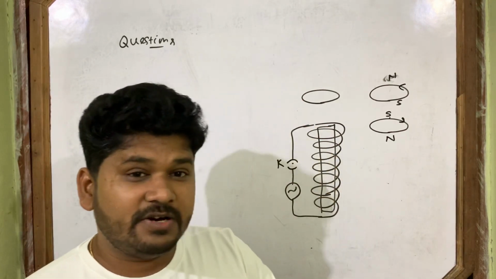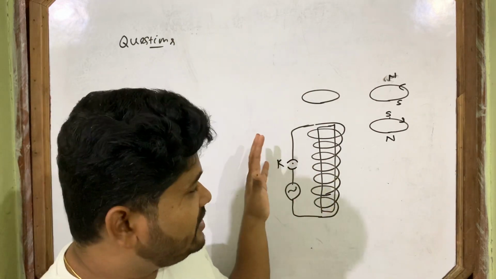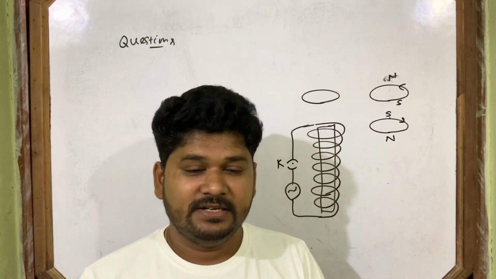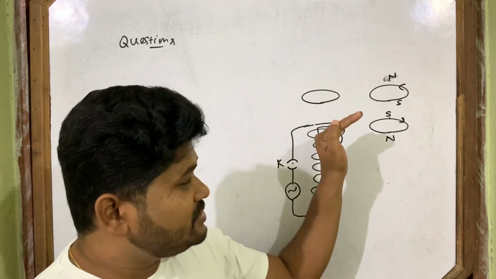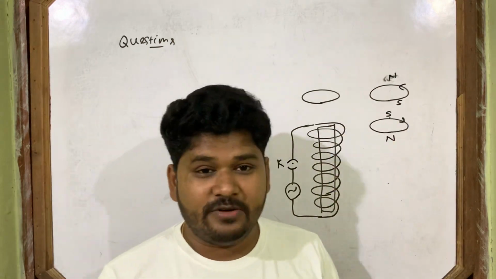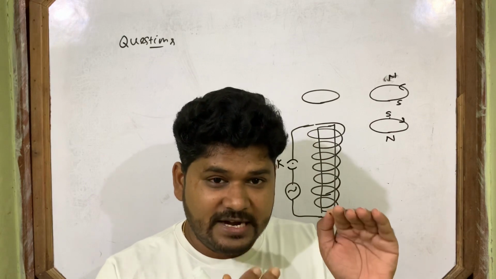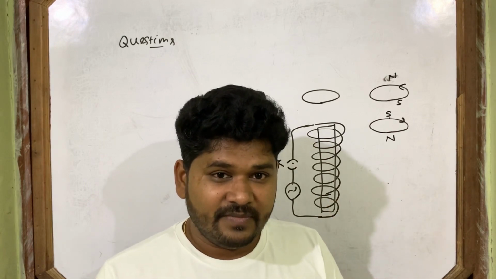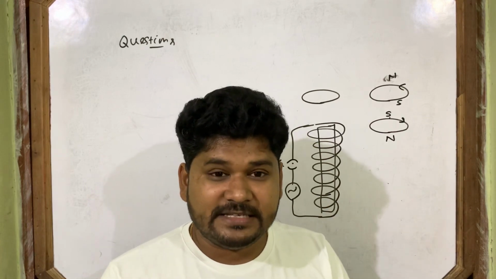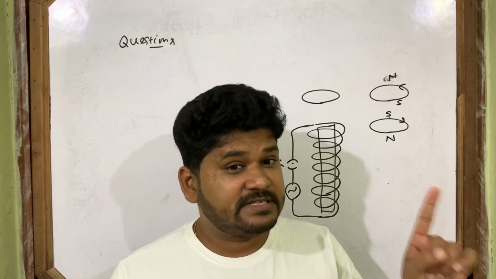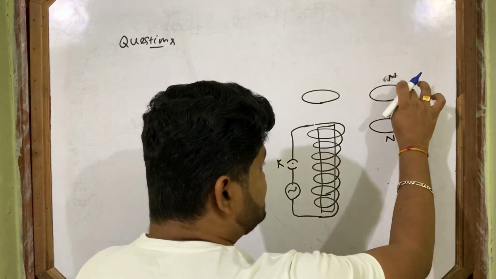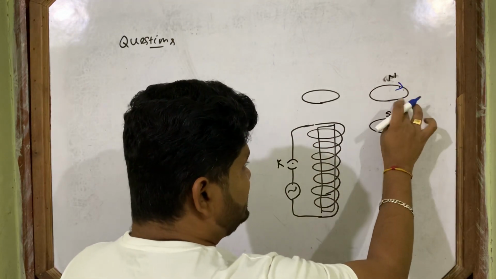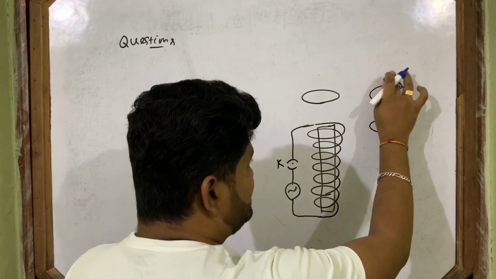But if current is already passing through the ring, and you switch off, in the same sense current will pass, because off means current decreases. Current decreases, magnetic field decreases, flux decreases. Decrease means same. In the same sense current will pass, and the lower part will be north pole and upper part will be south pole.